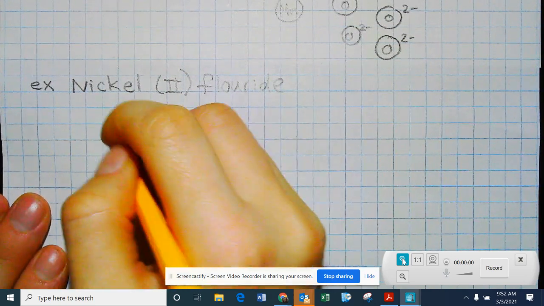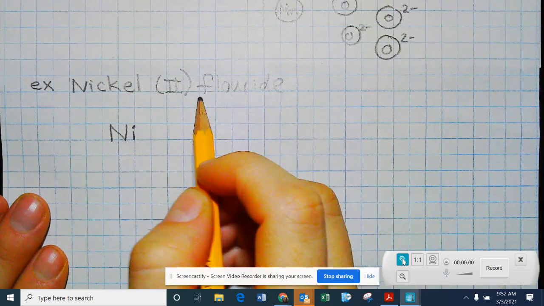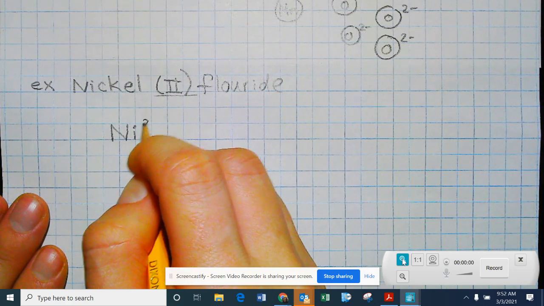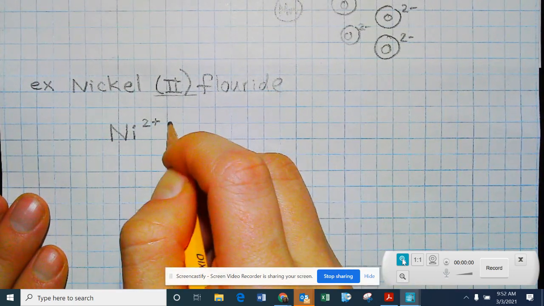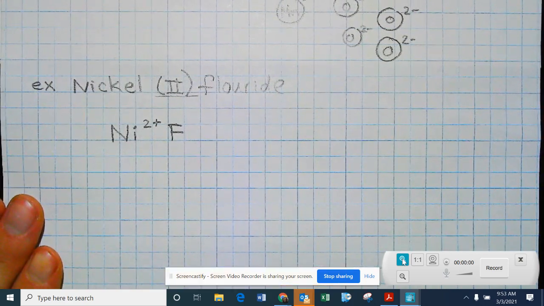Nickel is Ni, and what this II is telling me is that the nickel has a 2 plus charge. Then if I look at fluoride on my periodic table, what's the charge on fluoride?